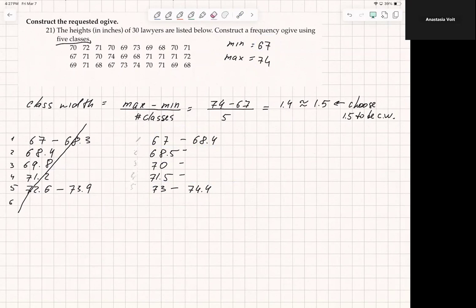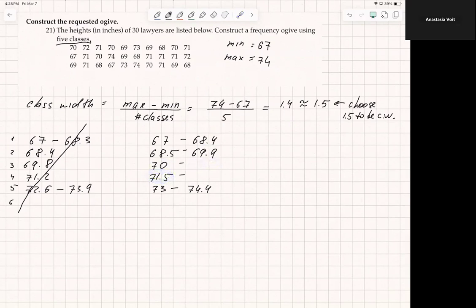So now we can continue calculating the upper limits for the rest of the classes, right? For the next one, we need to look at 70 and just go one digit less than that, or 0.1 units, so we have 69.9. And then for this one, we need to look at the lower limit of the next class.